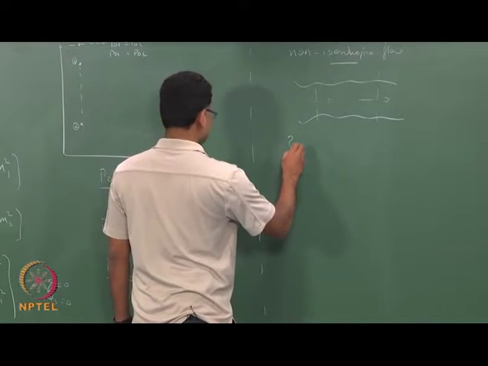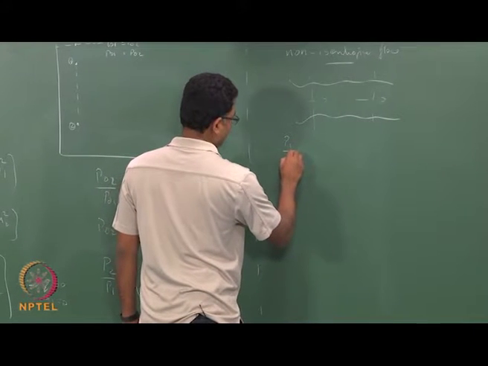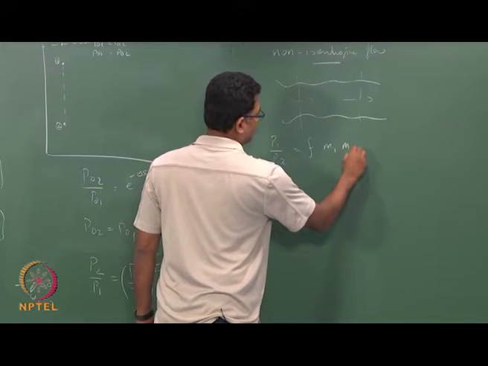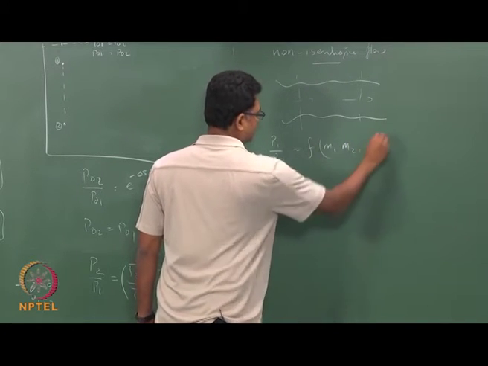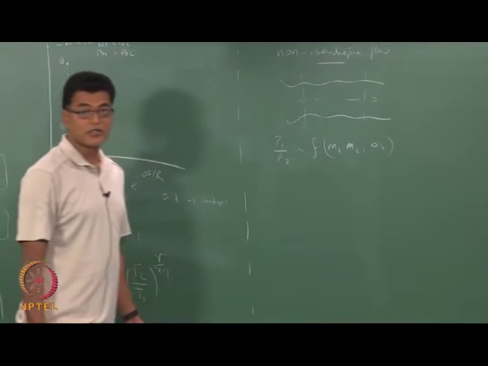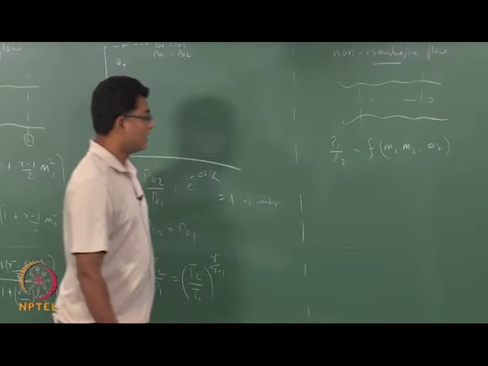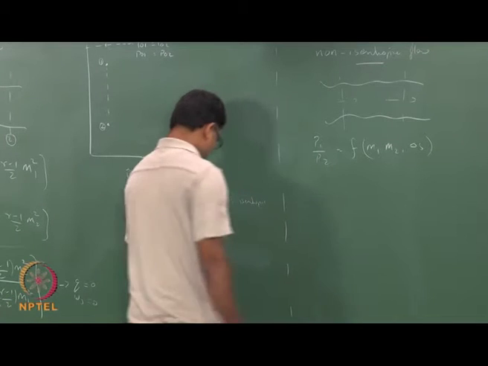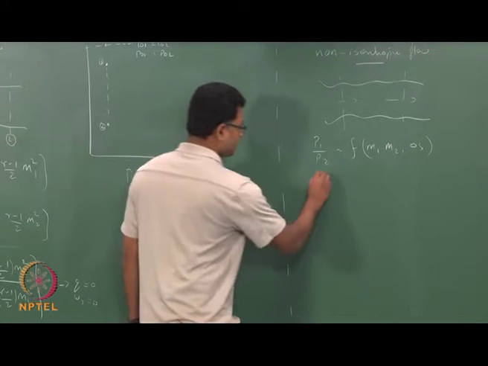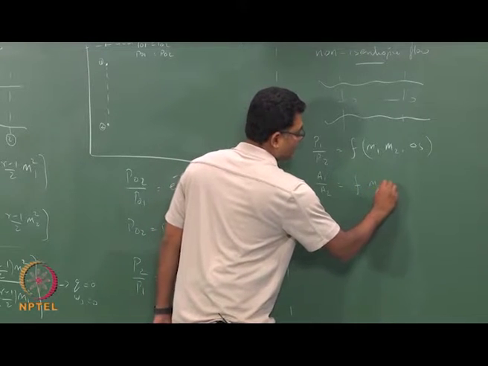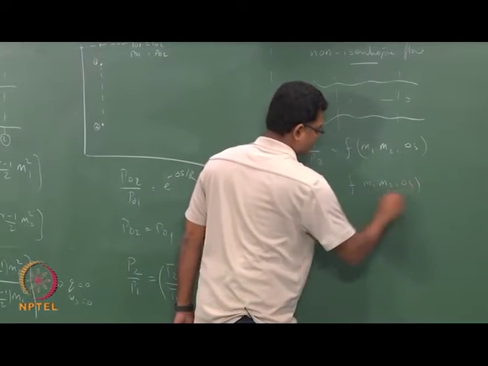My ratio P1 by P2 will be a function of M1, M2 and delta S, and of course, gamma or R. Okay. If that is true, then my A1 by A2 also depends on M1, M2 and delta S.